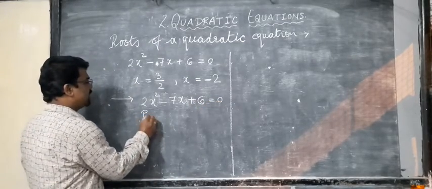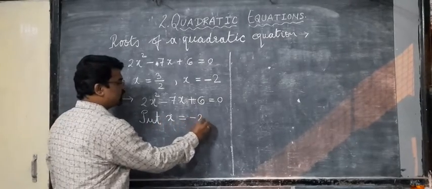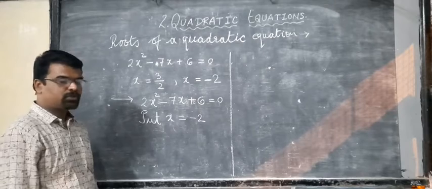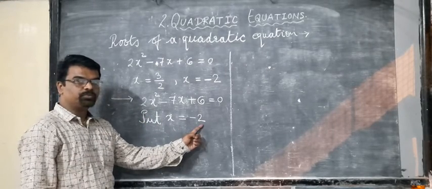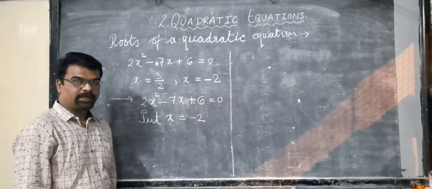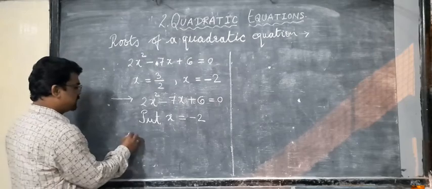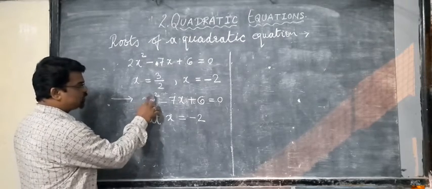Then put x is equal to minus 2. Here also, we'll put the value of variable x as minus 2, and we'll see whether left hand side is equal to right hand side. So in the next step it will be 2 into x square.